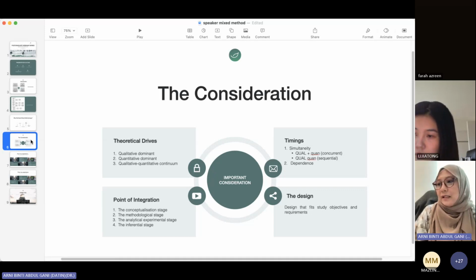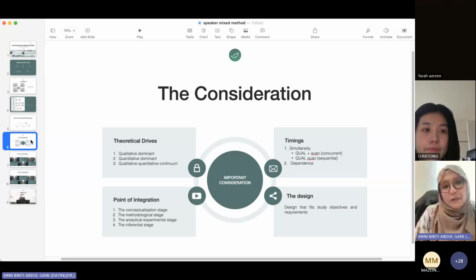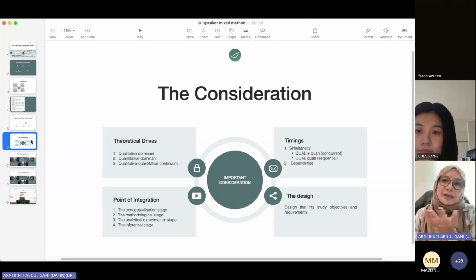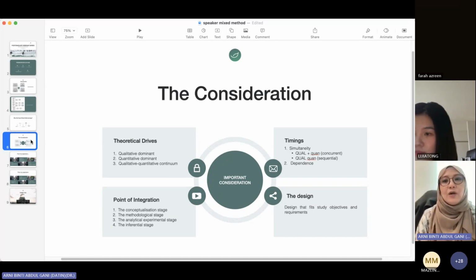Basically, mixed methodology is slightly unique in the sense that there are two components in theoretical drives. Either you are qualitative dominant, or quantitative dominant, or you can also be of equal qualitative quantitative continuum.